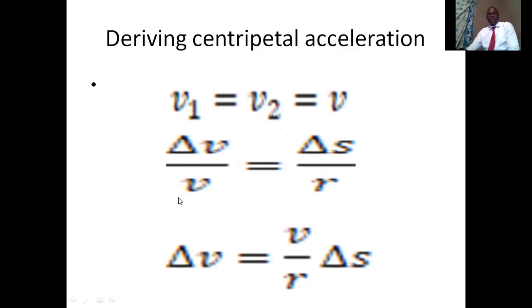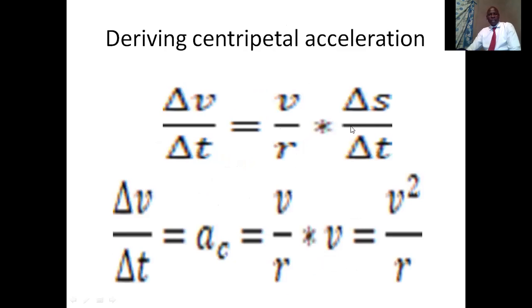We can make delta V the subject of the formula, and it will give us V over R multiplied by delta S, the difference in displacement.